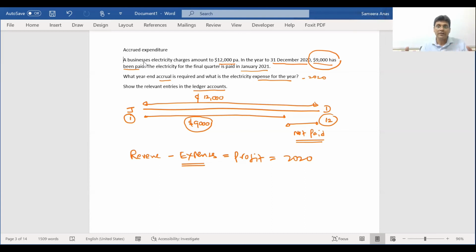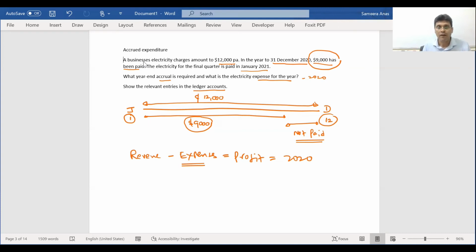You have generated your revenue for 12 months, whereas you are counting your expenses for 10 months, which is incorrect. So therefore, under the accrual concept, accrual accounting, whatever the expenses incurred, whether paid or not paid, the relevant expenses for that particular period have to be recorded.